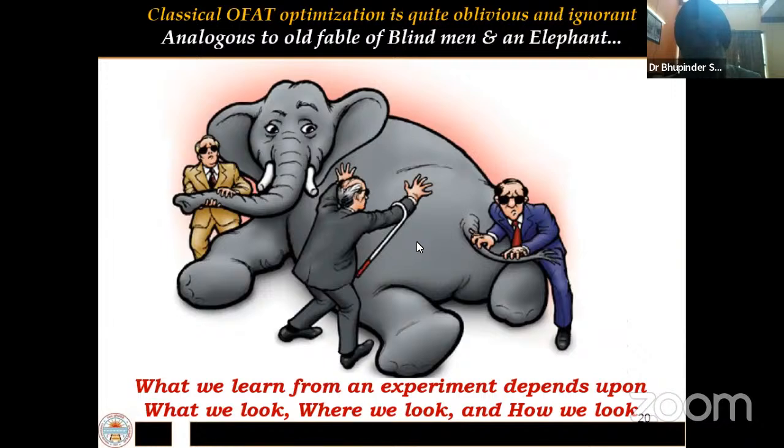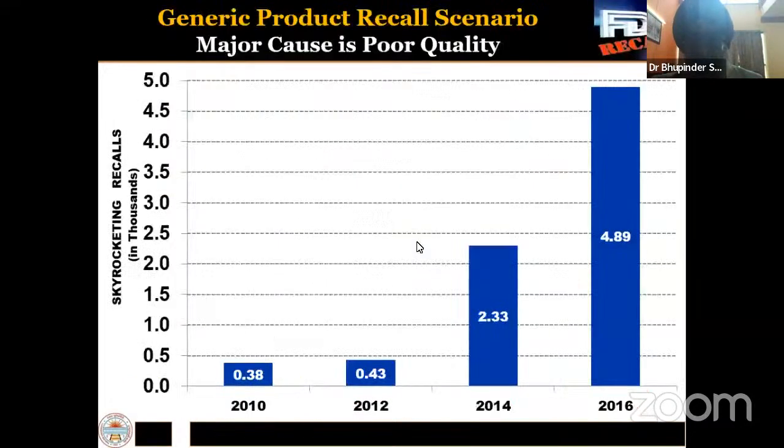The one feeling the leg says it's like a tree trunk. The one feeling the trunk says it's like a python. So everybody has different notions, but the animal remains unexplained before them because they are unable to see the animal per se, but only one part of it, and they are trying to explain the entire animal by looking at one part of it.